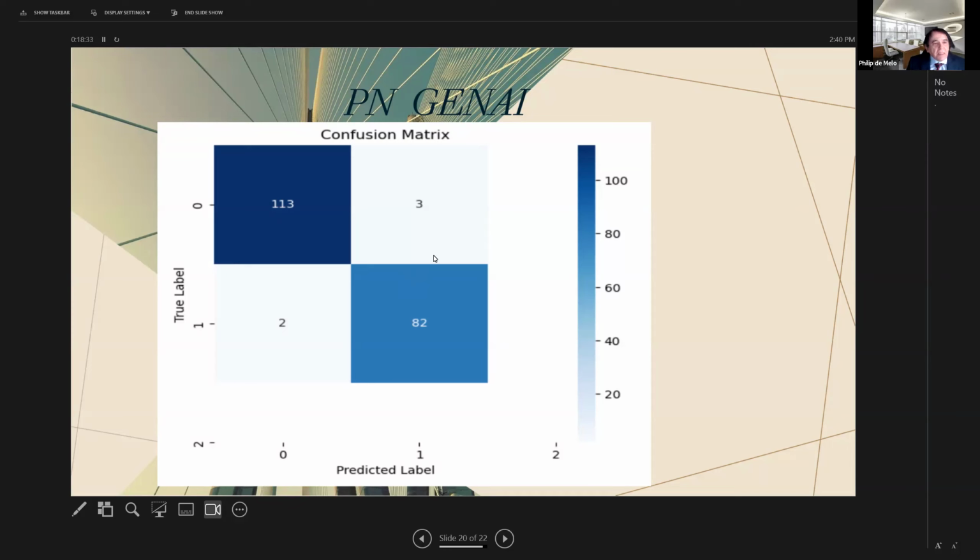And we have amazing results here. 82 patients were correctly diagnosed with diabetes, and only 3 patients who had diabetes we identified as diabetes free. So that is much better than anything else.